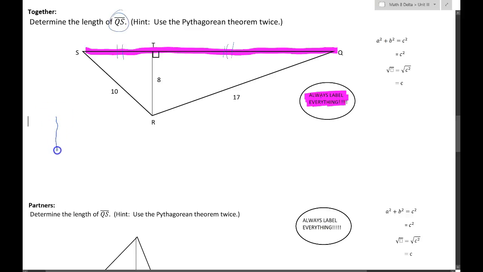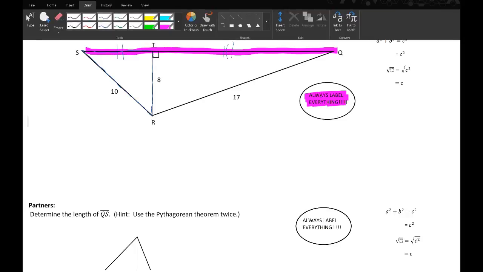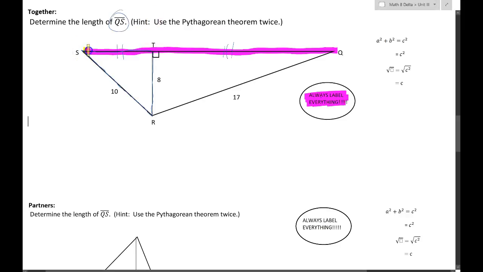Here I have a triangle that is 8, 10, and the unknown value. Just so you can see this, I'm highlighting this triangle in yellow, so you see what I'm talking about.